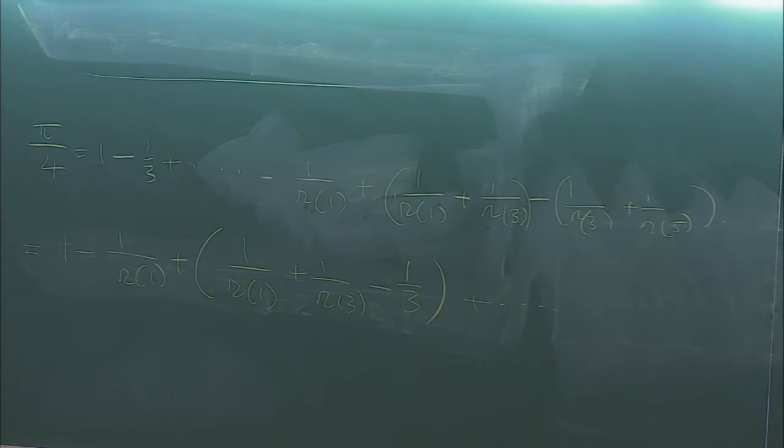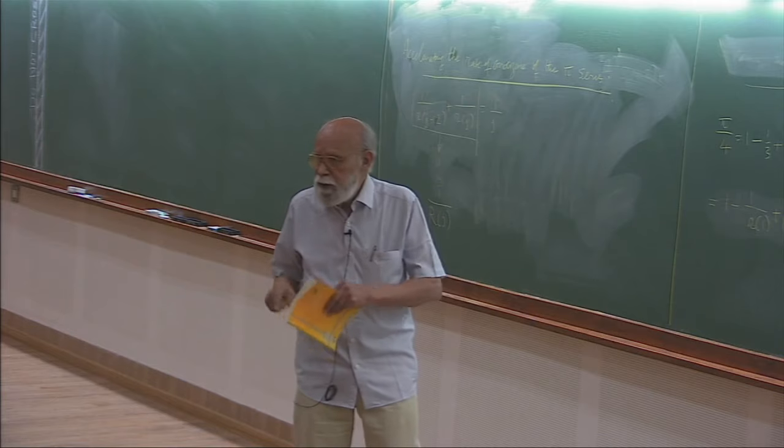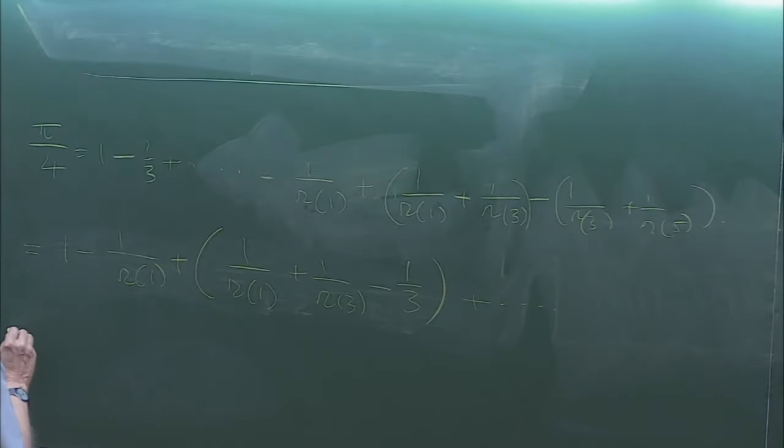When you do it for R1 and R2, as I've described earlier, the first estimate and the second estimate, you get the following series. R1, forget it, R2.